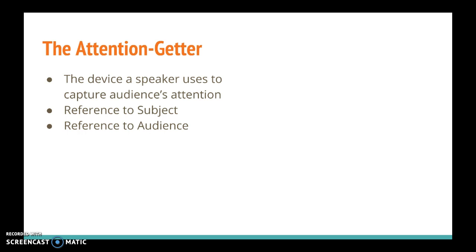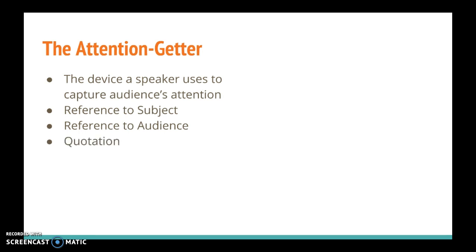If you were to start off your speech then by saying, how many of you in here have some form of student loan debt? The response by the audience would be a reference to the audience. So, pointing out something unique about the audience makes them interested about your speech because it shows the relevance that your audience has to your speech's topic.